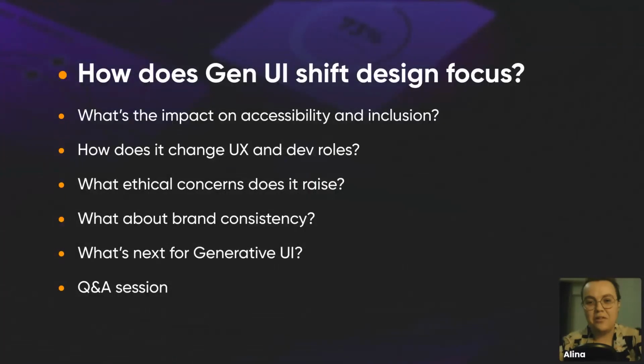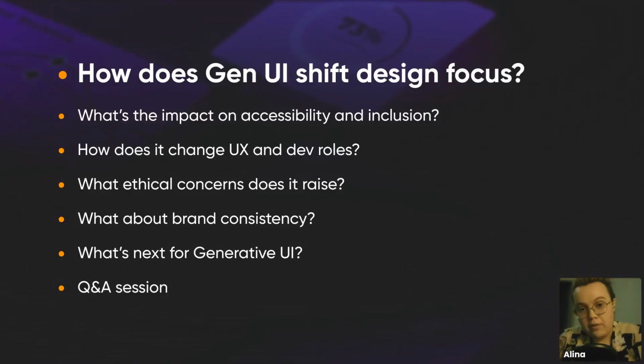Welcome everyone again. Before we start asking and answering questions, I'd like to introduce the table of contents for today so that you know what to be prepared for. The first topic is how Gen UI shifts the design focus.